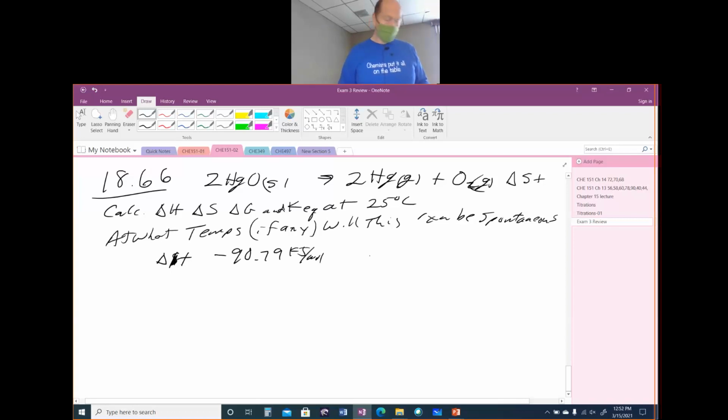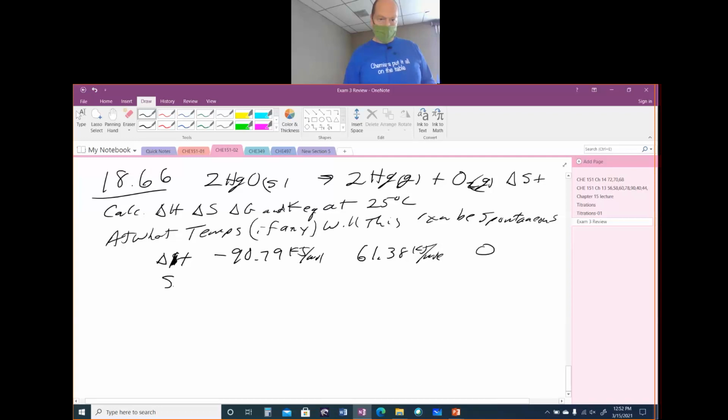For my mercury gas, 61.38 kilojoules per mole. And then, of course, my delta H for elements in their natural state is 0. Note that mercury in its natural state is a liquid, not a gas. That is why it has a value.